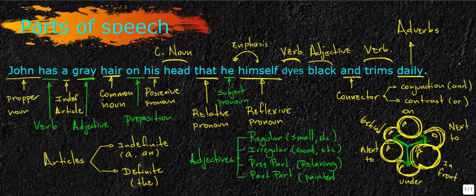And what adverbs do is that, similar to what an adjective does over here, where the adjective is describing the noun, the adverb over here describes the verb. So an adjective will describe a noun, while the adverb describes the verb.